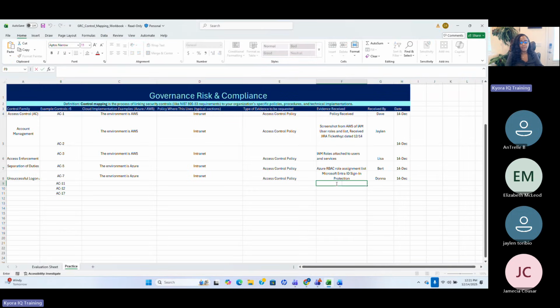So I can say I personally tested the control and my system locked out after 5 minutes. The other piece of the evidence is that I received the account lockout configuration screenshot. Let's see.